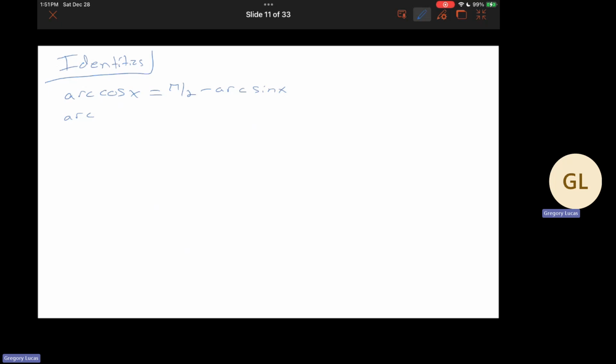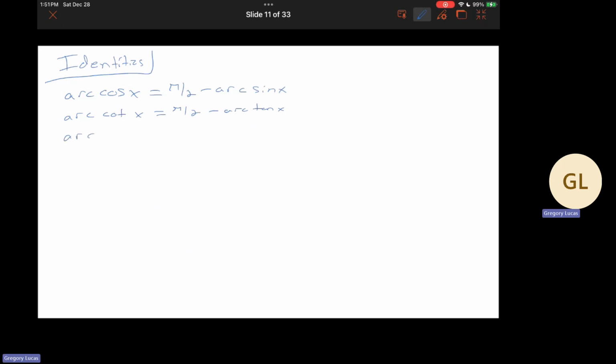If we take the arc cotangent of x, it's the same thing as pi over 2 minus arc tan of x. And we can clearly see using these identities why we have some sign changes when we go back to what those derivatives were.